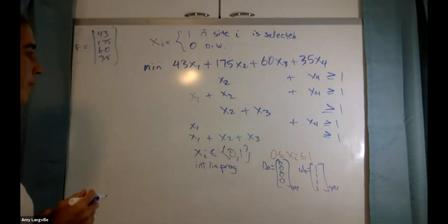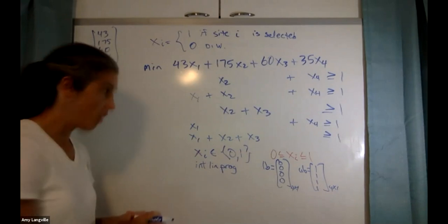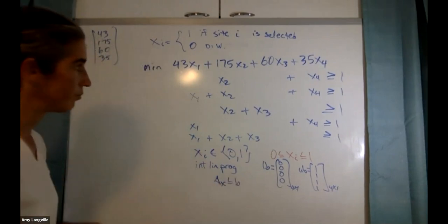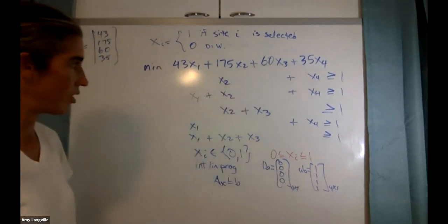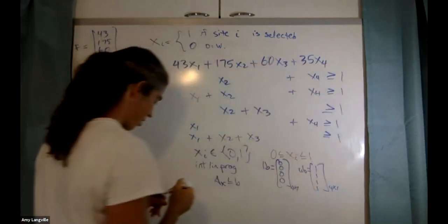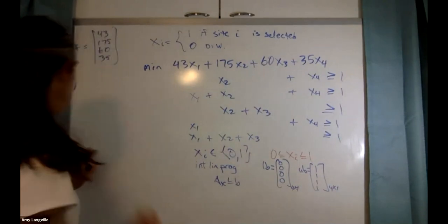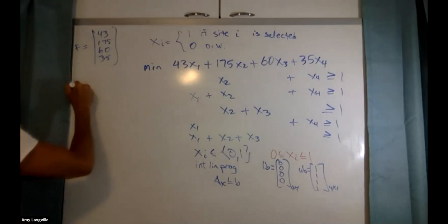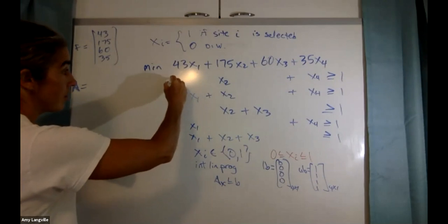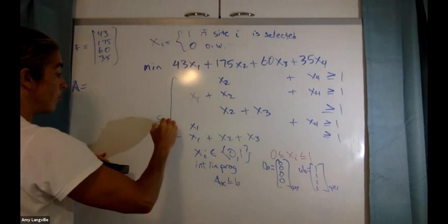Remember though, for linprog, and I'm sure intlinprog is the same way, we need to write Ax less than or equal to b. Those are the kind of inequalities it has. All of ours are greater than, but we know if we just negate everything, negative, negative, negative, that'll flip those. So we can write our A matrix. Let's see, how many constraints? 5 constraints by 4 variables.